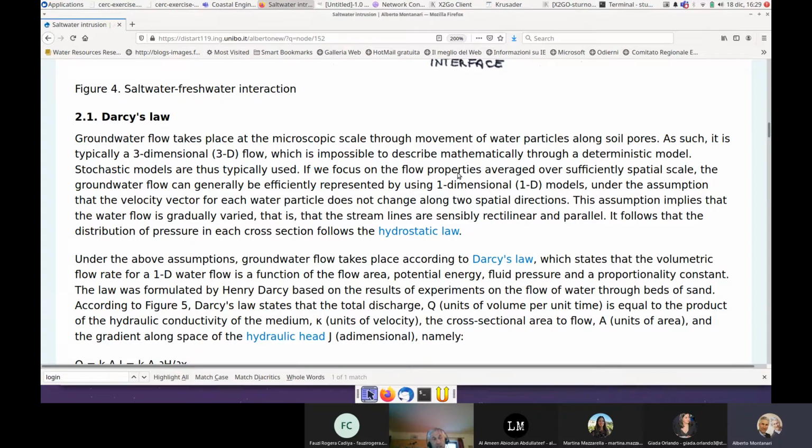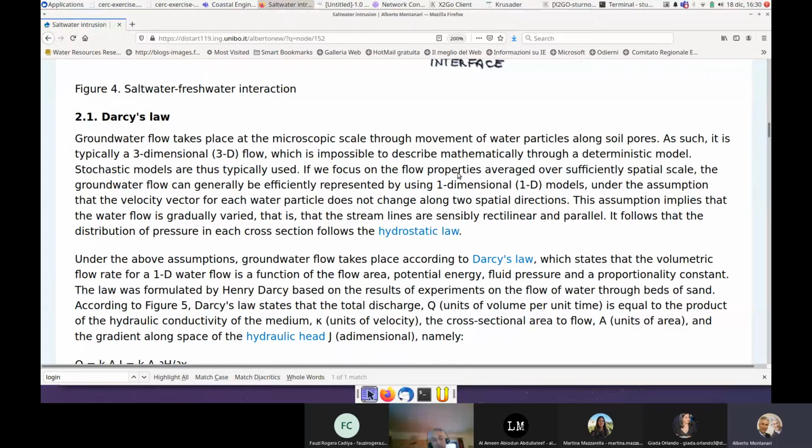Flow in general is three-dimensional, which means that you have the velocity of water changing along 3 dimensions. Under certain assumptions, you can neglect the change along one of the dimensions or 2 of the dimensions. In particular, when you have a dimension or a direction of the flow that dominates over the other 2, you can assume that the flow is 1D, one-dimensional.